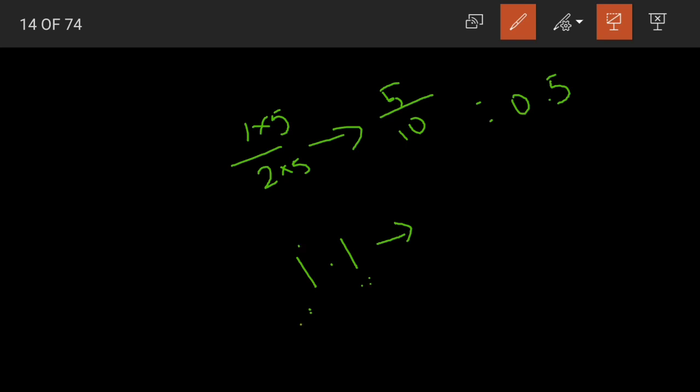How can you do this children? 1 write as it is without the decimal point, and for the denominator, if we observe in the decimal number we have one decimal place, so in the denominator after 1 we'll place 1 zero. The fraction for the given decimal number 1.1 becomes 11 by 10.